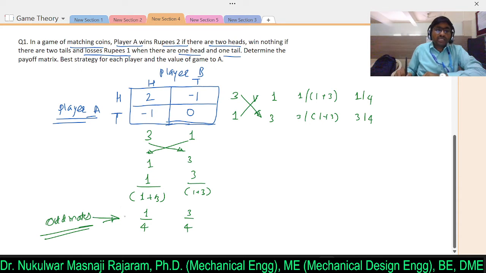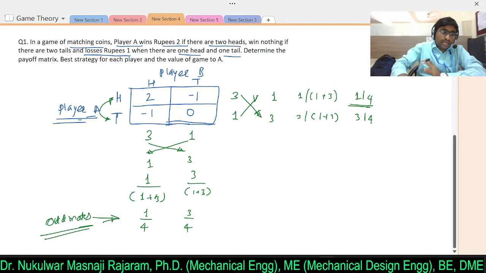Now, the frequency of the player selecting the different strategies. So what does this 1 by 4 indicate? It indicates that player A will play strategy H 1/4 of the time, and he will play the strategy tail 3/4 of the time. Similarly for B also. Now what are we interested in?